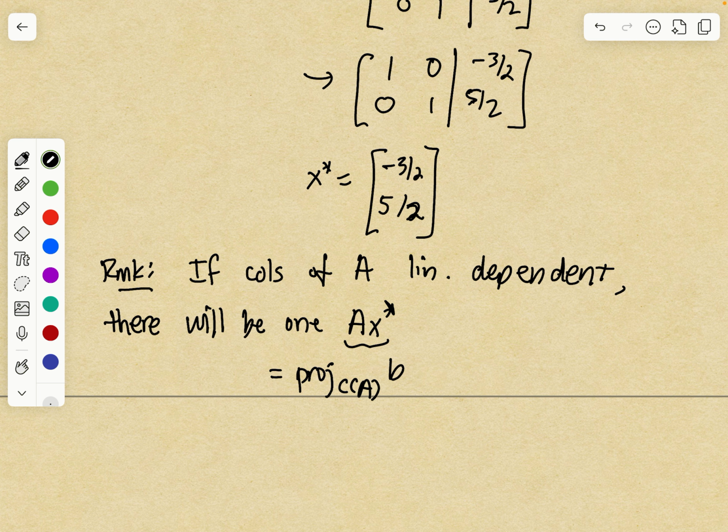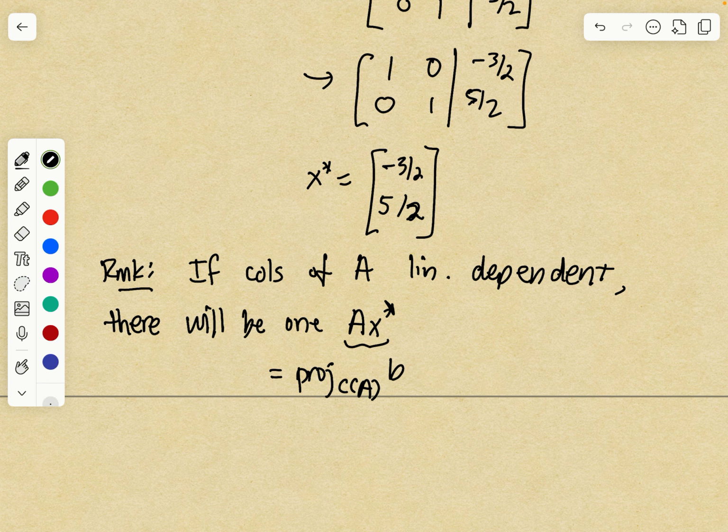If you call this projection y, then you're solving AX equals y, and this is a consistent system. It has a solution, but if A has linearly dependent columns, it'll have infinitely many solutions.